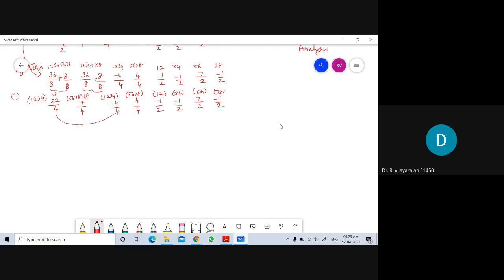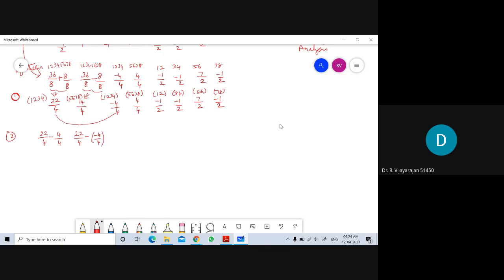This is the first level. So next level, 22 by 4 minus 22 by 4 addition minus 4 by 4. Then 22 by 4 minus of minus 4 by 4.